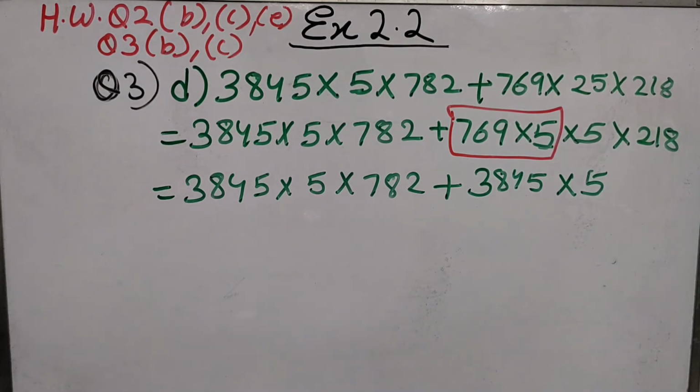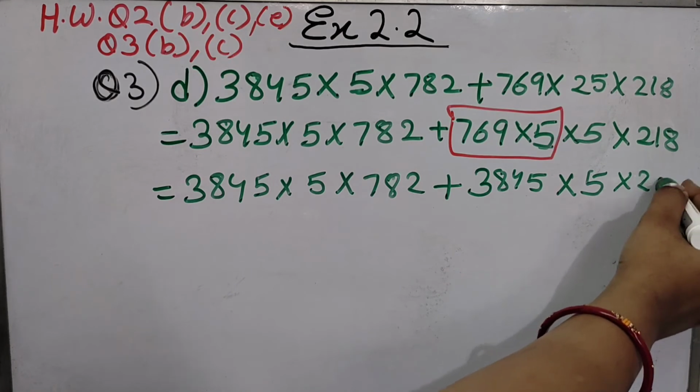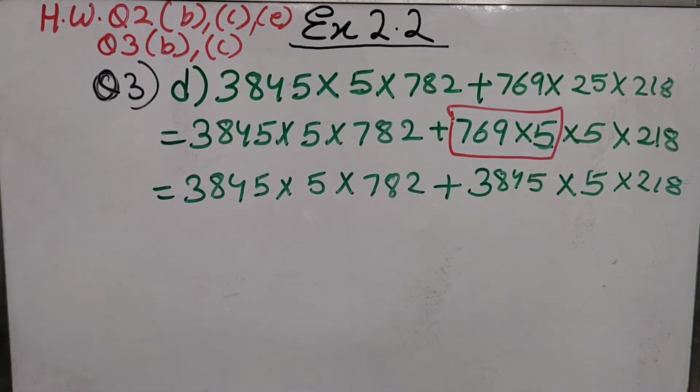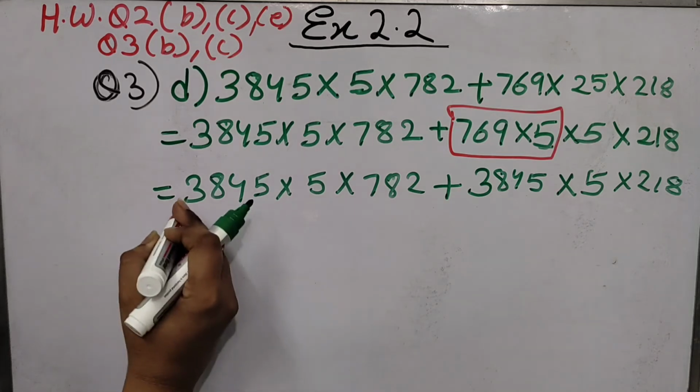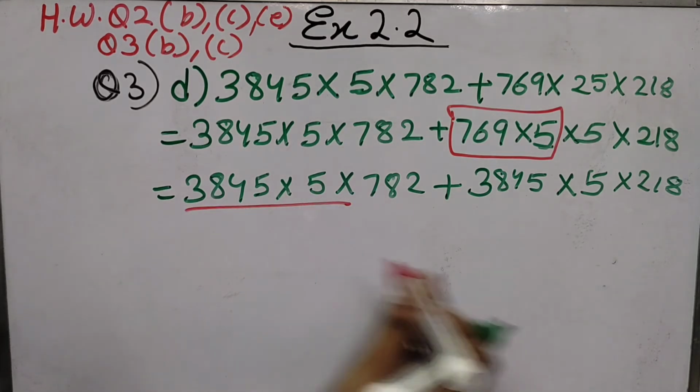Further we have 5 and 218. Now this 3845 multiplied with 5.